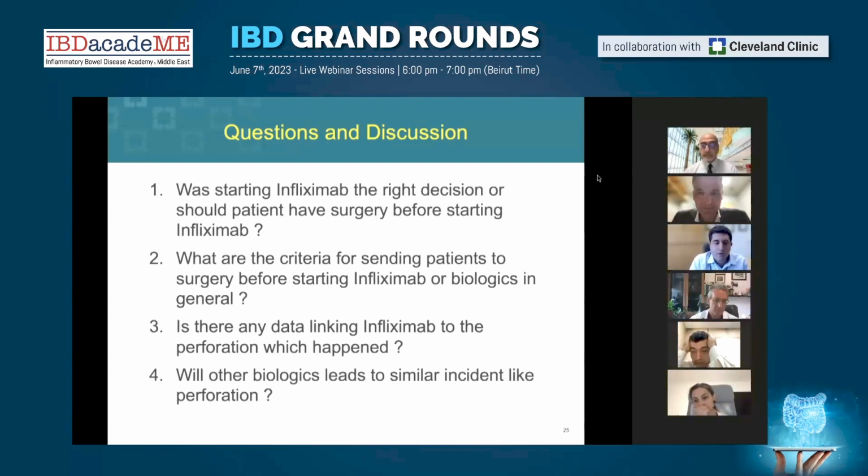This might dictate whether to divert him or not. I know there are different factors that have been mentioned, patient acceptance, but definitely I would be more inclined toward surgery upfront.